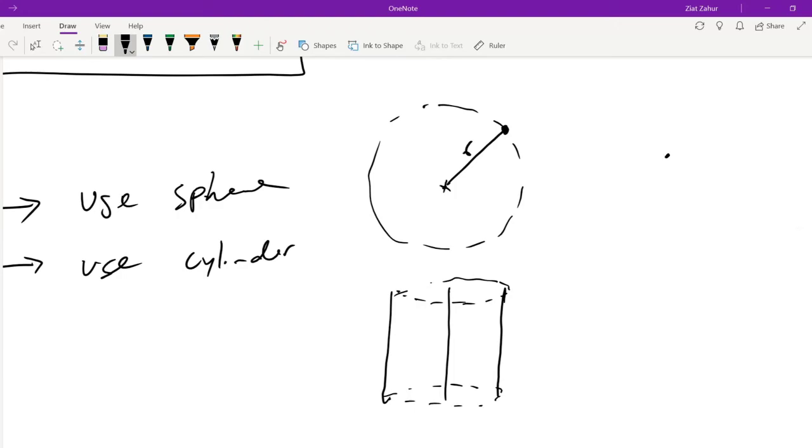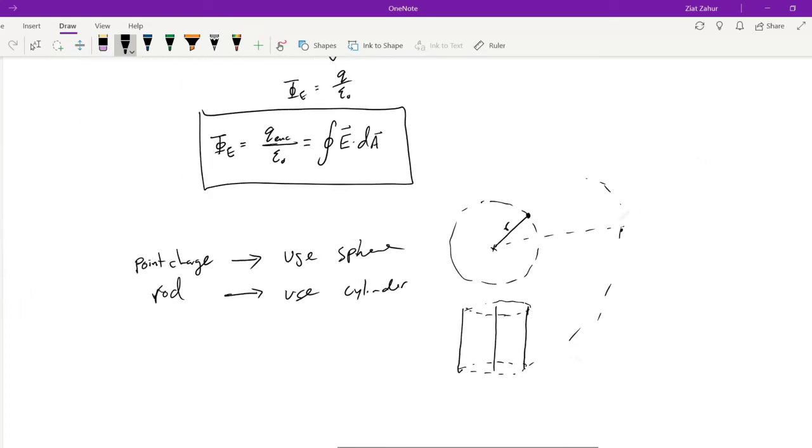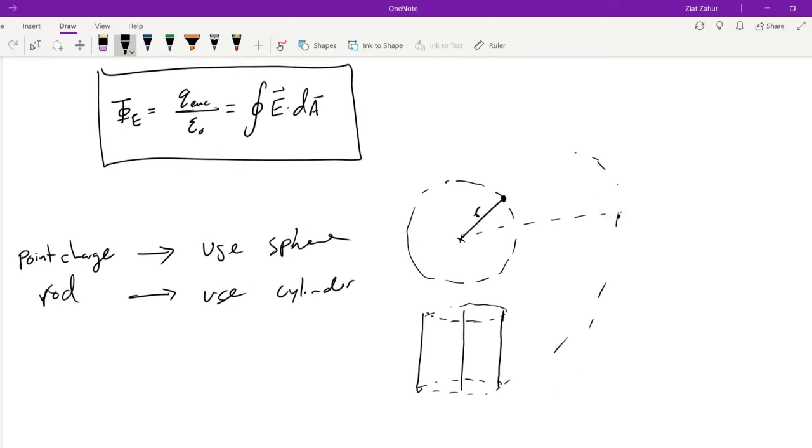So if you want to find the electric field here, then you extend the sphere out and make an even bigger bubble. What Gauss's law tells us is that the value is the same along the surface of your imaginary Gaussian surface here. The value is all the same due to symmetry.